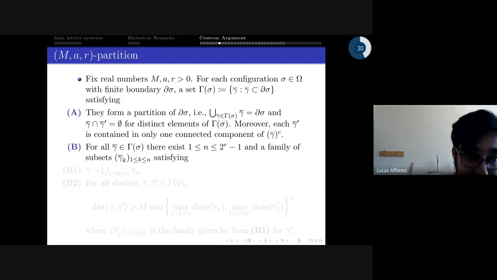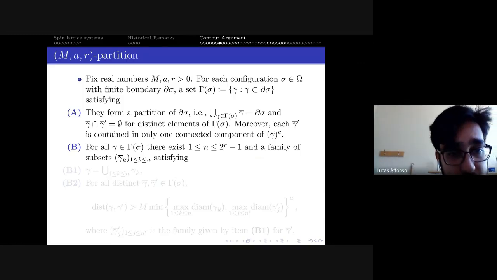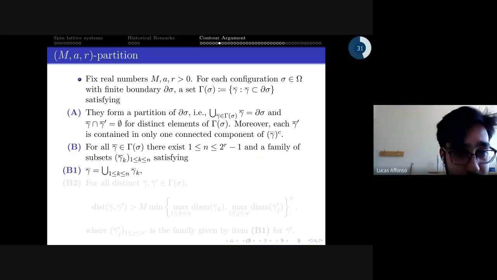The next condition is condition B: for all gamma there is a number that is at most 2 to the power r minus 1, and a family of subsets of gamma such that gamma is the union of all these subsets.